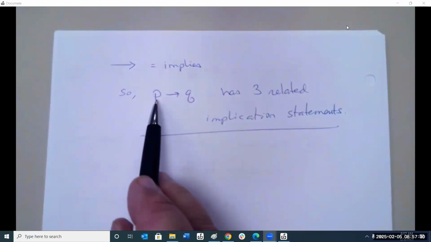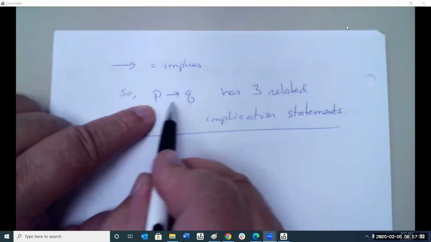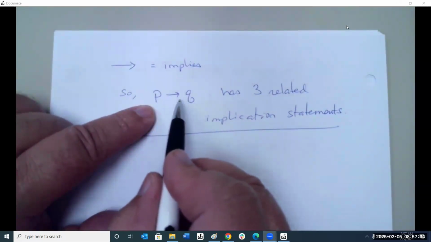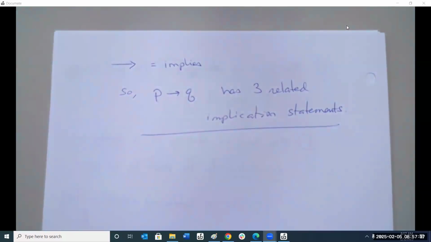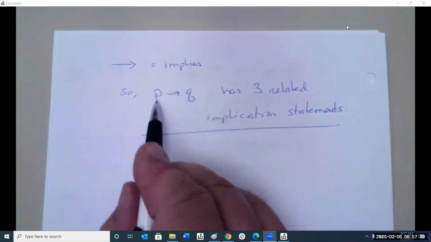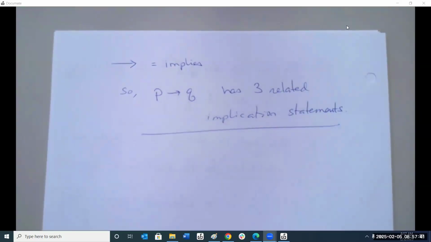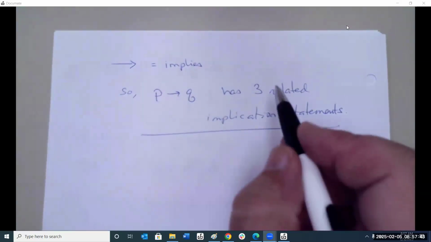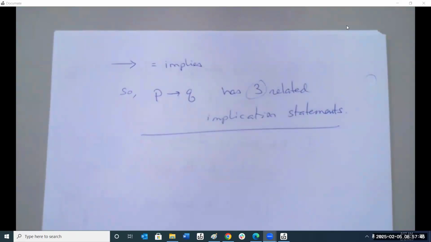Whenever you see this, how would you read it? If P, then Q. Or P implies Q.